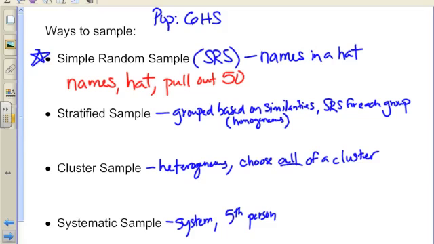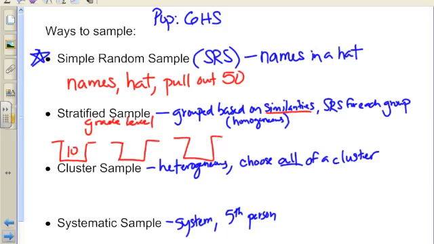A stratified sample. I know that there are some similarities at our school. So perhaps I want to stratify on your grade level. So now instead of putting all of the names in one big hat, I put them in 3 big hats.